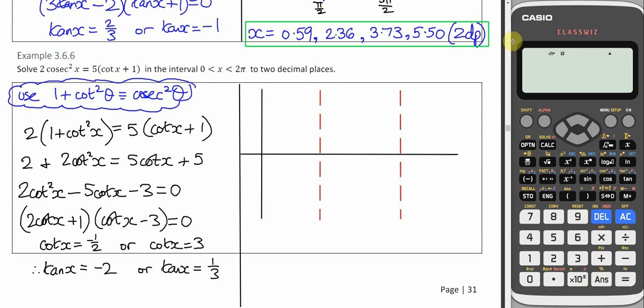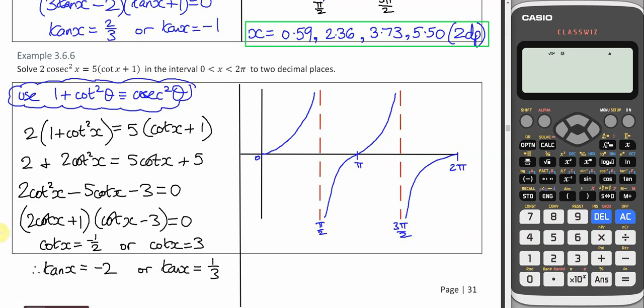So here's a quick sketch of the tan graph. Asymptotes at x is pi/2 and x is 3 pi/2. So it goes to the horizontal axis at 0, and then again at pi, and then again at 2 pi.